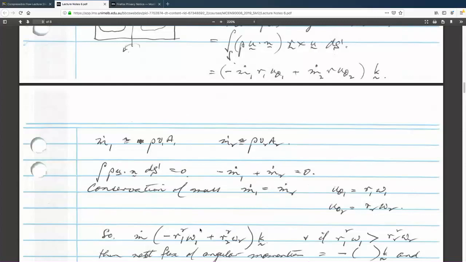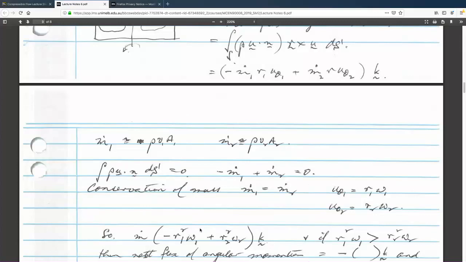In which case, u theta would be r times the angular velocity omega 1. And u theta 2 would be r times the angular velocity omega 2, and those two are about the same. So if I put that into my equation up here for u theta 1 and u theta 2, I'll have an r1 squared omega 1 with a minus because of the minus, and a plus r2 squared omega 2.